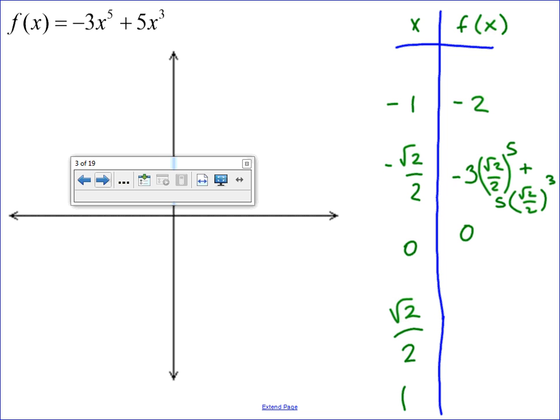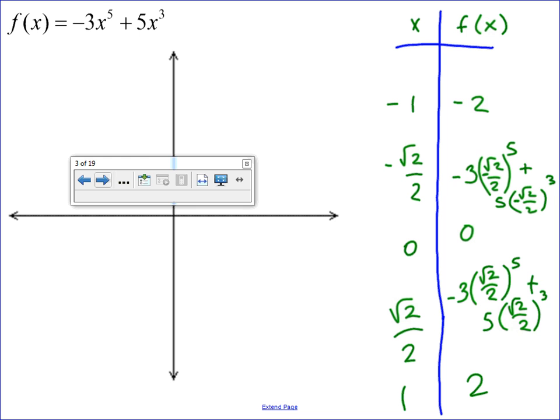Same thing here. That's a negative. And same thing over here. But this time it's root 2 over 2 to the 5th plus 5 cubed, and 1, -3 plus 5. Now I'm getting +2. Are you guys getting that? +2? Okay.